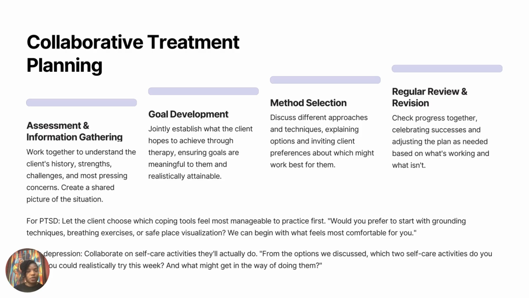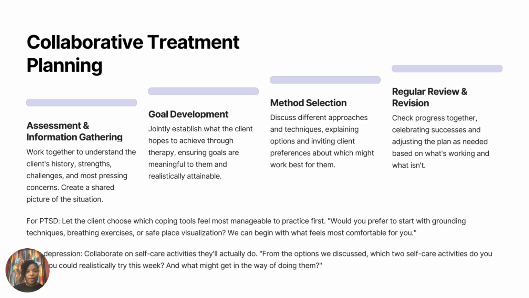Also, there are different ways to make treatment planning goals for different diagnoses. So, what we do in one session will be different from what you do in another session with someone else. What you do for someone with PTSD will be different than what you do for someone who's struggling with anorexia nervosa.